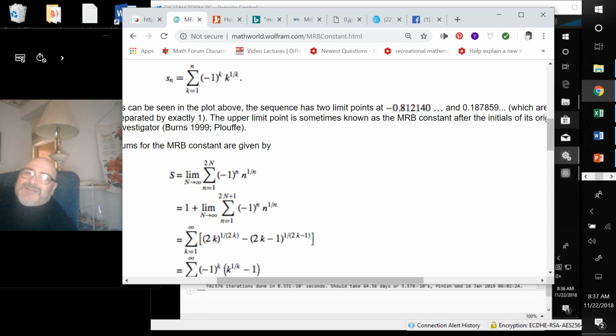Or as he says here, the limit S equals the limit of the sum that goes to 2N equals 1 plus the limit as n goes to 2 capital N plus 1.